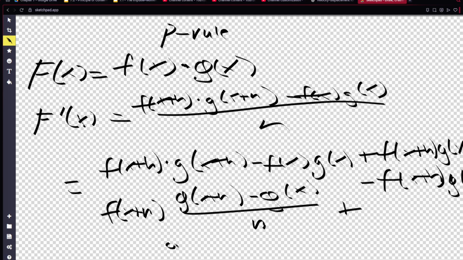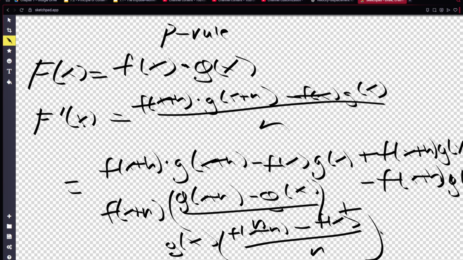And here on the top, we can just factor out the g of x. We can factor the g of x here. And again, that's a positive term, so it's f of x plus h minus the f of x we're factoring out here over h. And look, these are just derivative definitions.